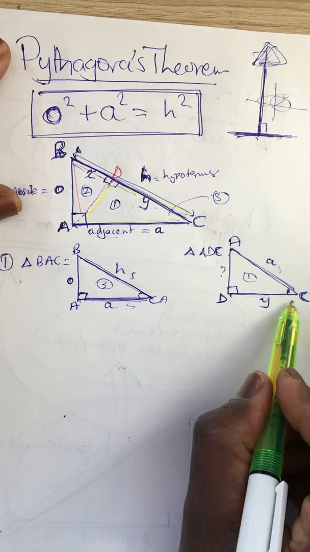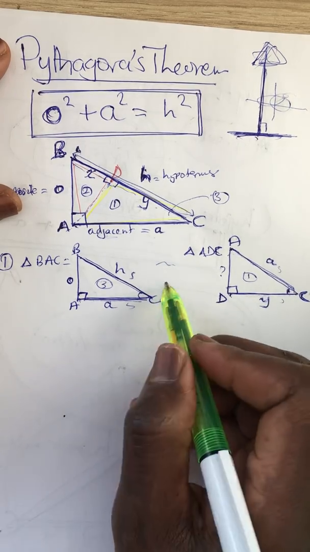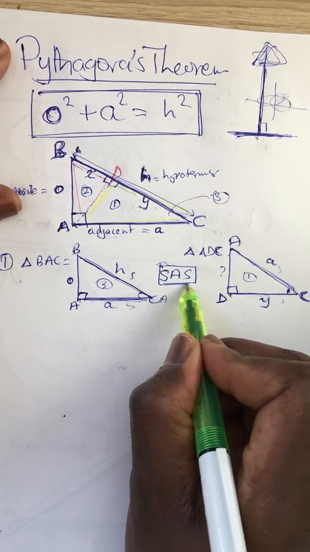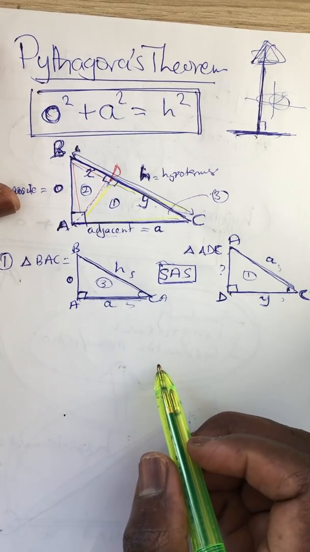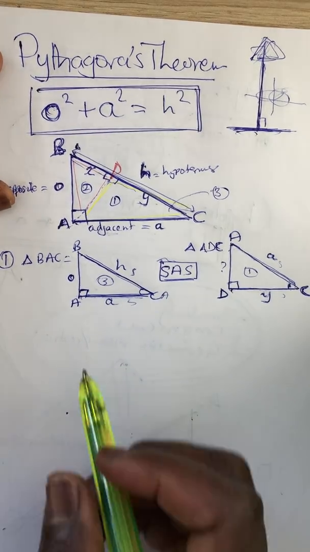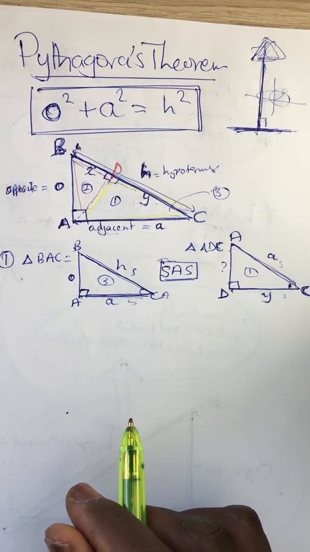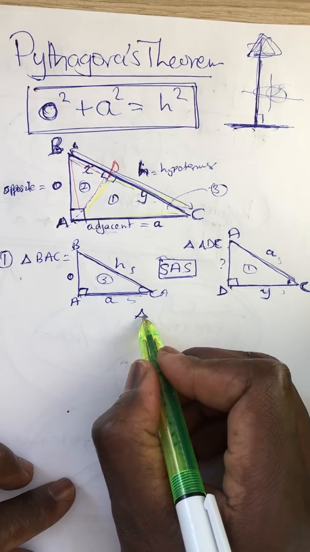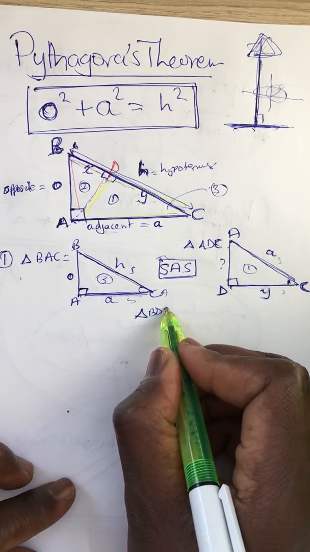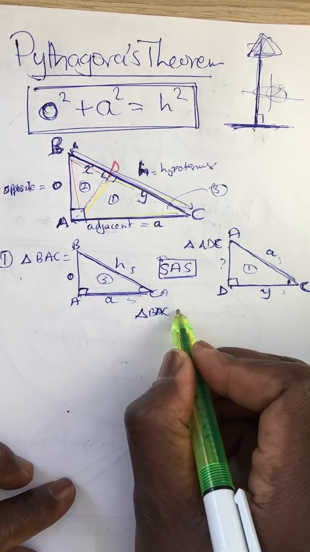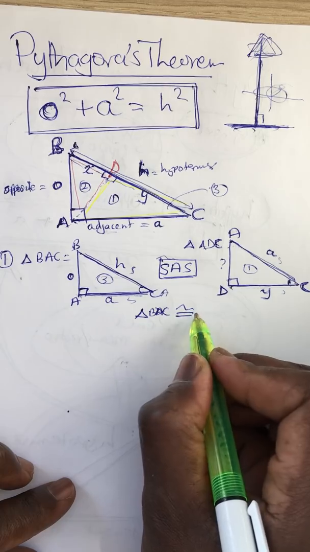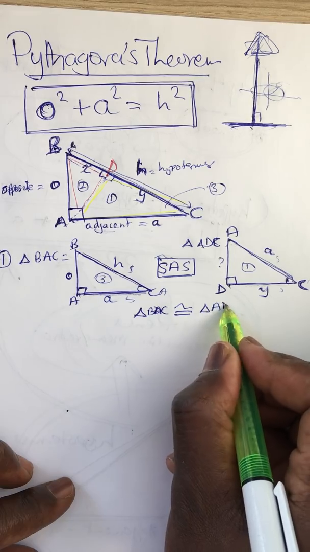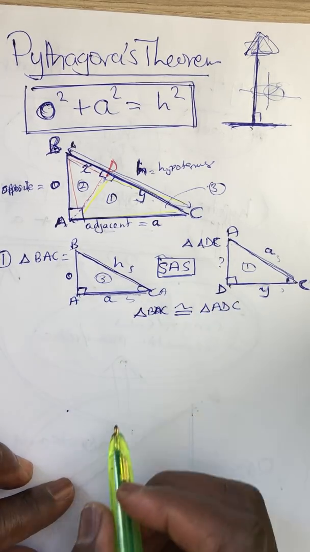So if you apply side angle side, we find that all of them possess this condition for similarity and congruency. So we can just say that triangle BAC is similar and congruent to triangle ADC, because of that condition there.